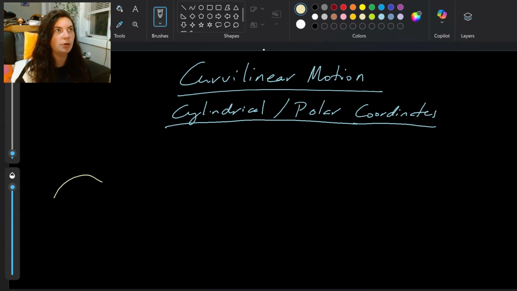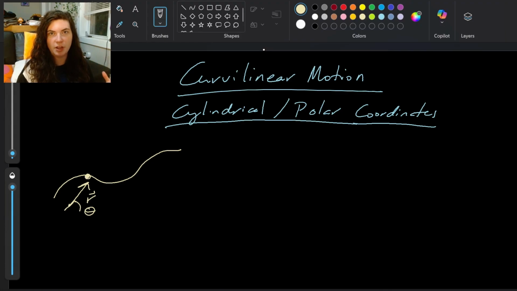So again, curvilinear motion: if you have something that is described by a radius and a coordinate angle, r, the radius vector, as well as an angle theta, as a way to describe the position of this particle as it moves along in its curvilinear motion, this is when you would want to use polar or cylindrical coordinates.